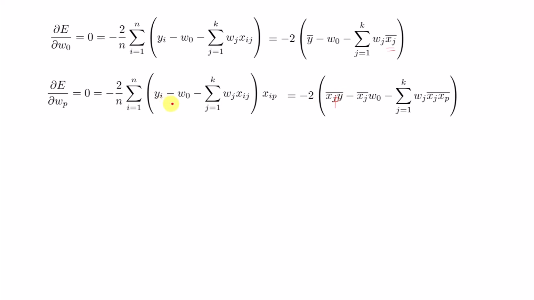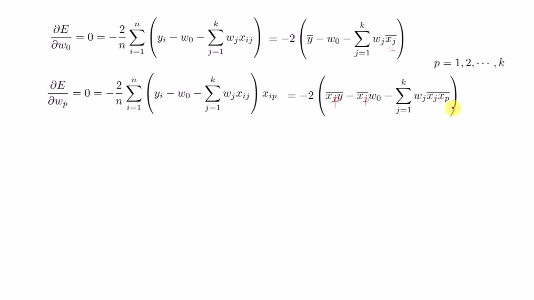It would be summed over, so it will give me the average of xp y, then w0 times the average of xp, and in the same way the last term will be wj times the average of xj xp. wj is not really averaged. wj doesn't come here. We are only summing over i. So xij times xip, that product is summed over as an average. So this is an average of xj xp.